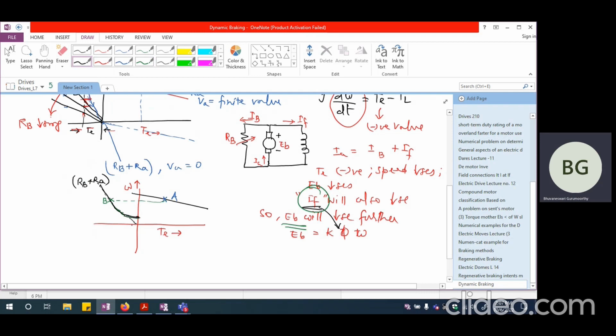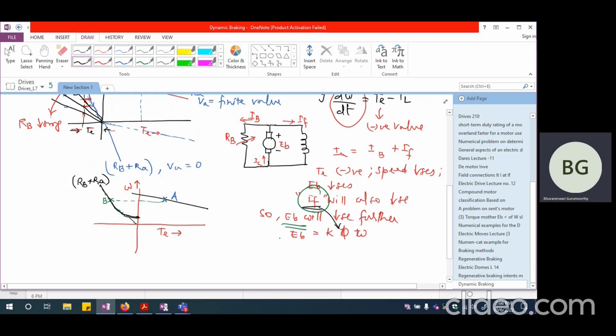So there is not going to be any electrical braking happening here. Below a particular speed, you are going to see that the dynamic braking does not take place. Instead, it is going to come down to zero speed only because of the friction.